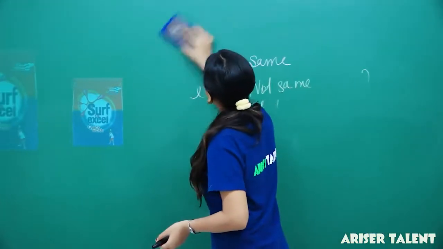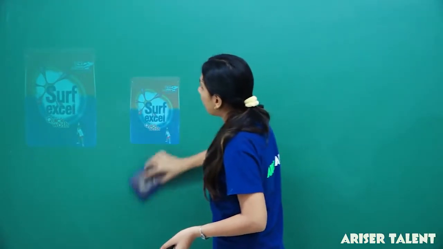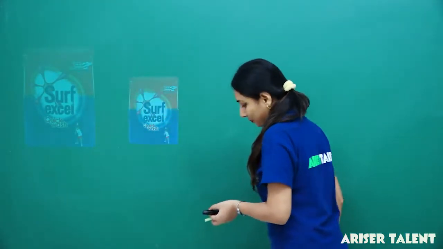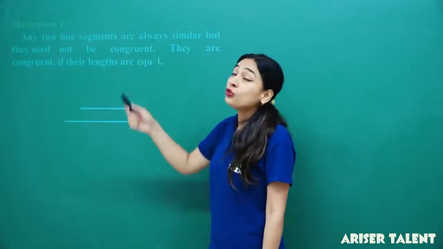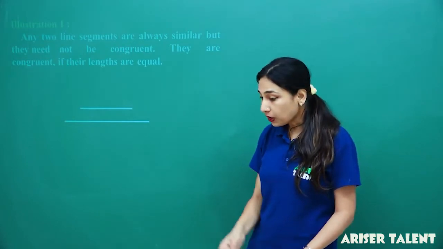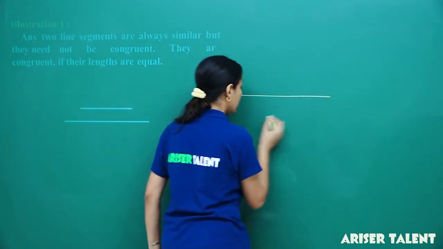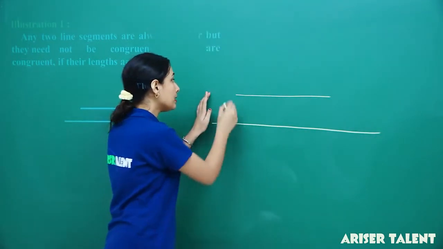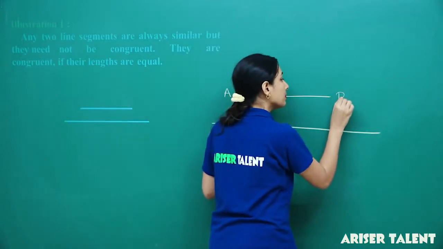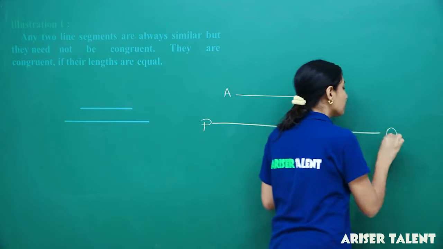Okay, so I assume you understood it. I know my students are very intelligent. So, moving next. Any two line segments. This is about two line segments. Now, this line AB and this line is something like PQ.